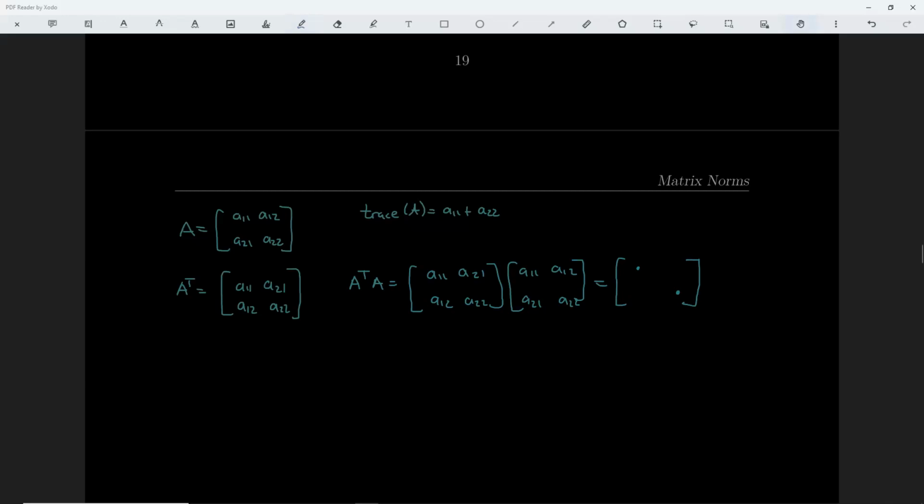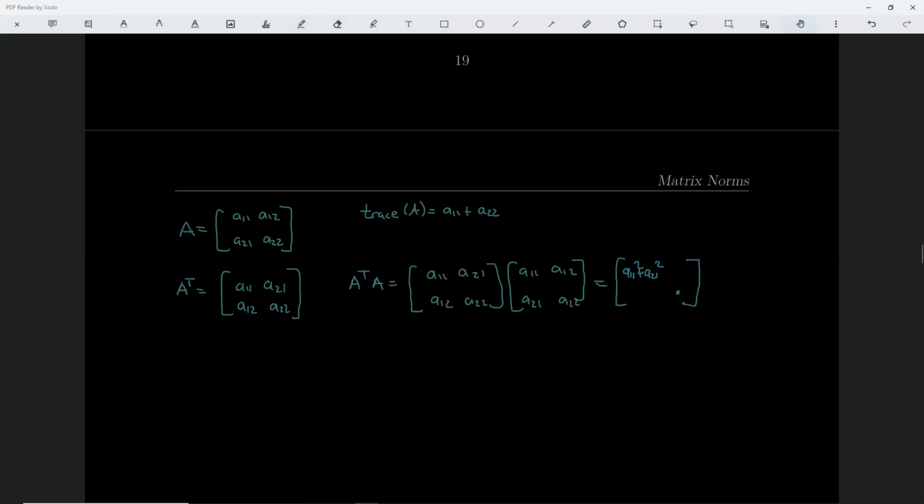The first diagonal element is the multiplication of the first row with the first column, which is A11 squared plus A21 squared.